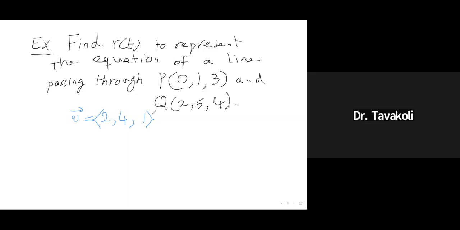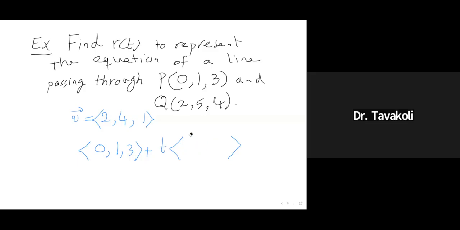And if you might remember, the equation of the line was, I can look at the first point as a vector, (0, 1, 3), plus t times the vector connecting these two. Excuse me, so sorry.